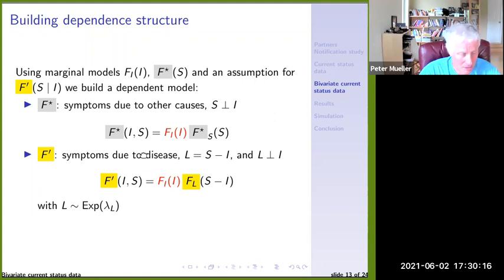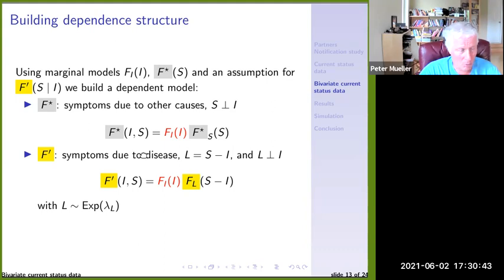And here the next one is a very useful one, but I think very sensible in this application. Under the yellow distribution, when the symptom is due to the disease, I mean, these are well-known diseases. A lot is known about how long it might take from infection until you develop symptoms. So we assume a parametric model for that latency time, where L is the time between infection and symptom.